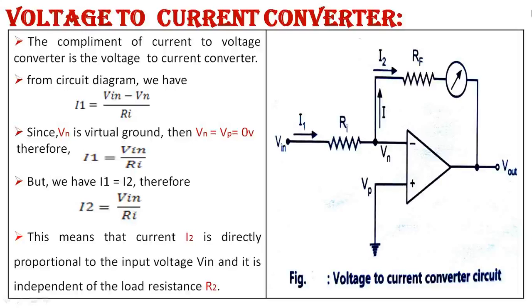But I1 is equal to I2, therefore I2 is equal to Vin upon Rin. That means the current is directly proportional to the input voltage Vin, and it is independent of load resistance R2.